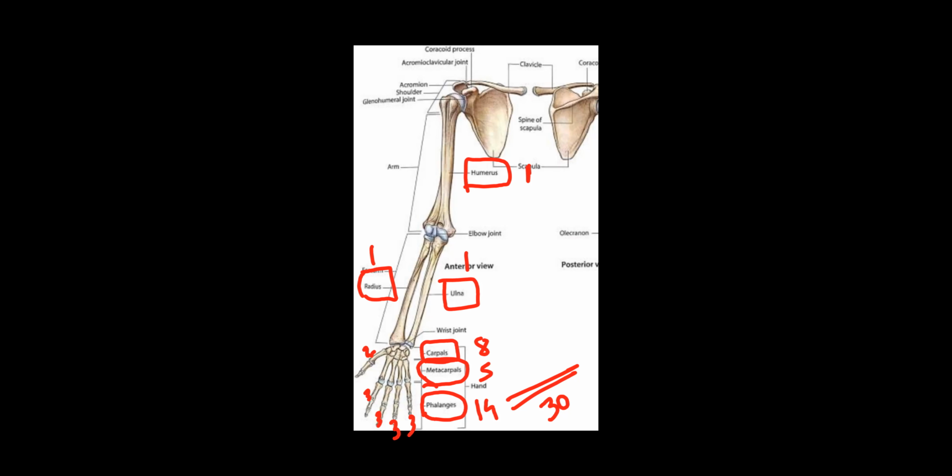Of course, with 2 forelimbs, that makes 60 bones in your forelimbs altogether. Tell me, is the concept clear?